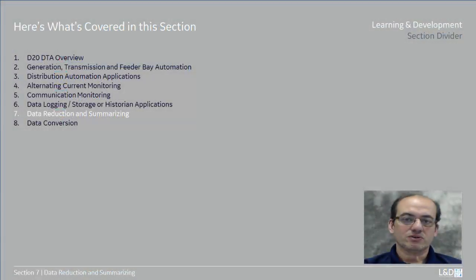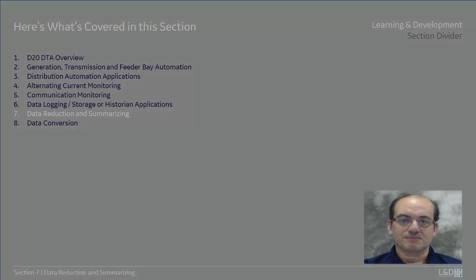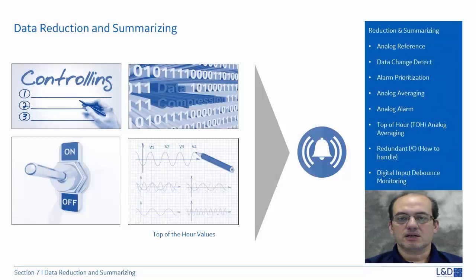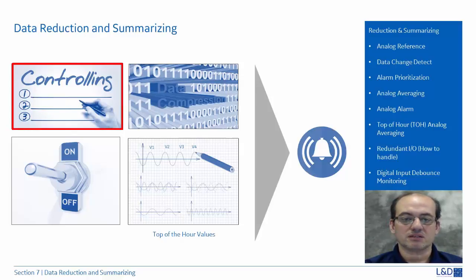In this section, we're going to briefly discuss the data reduction and summarizing data translation applications. Some of the applications that will assist you in reducing the data and summarizing it so that we can make sense of it include the analog reference data translation application and the data change detect application, if you're only interested in the changed information, not in the static information.